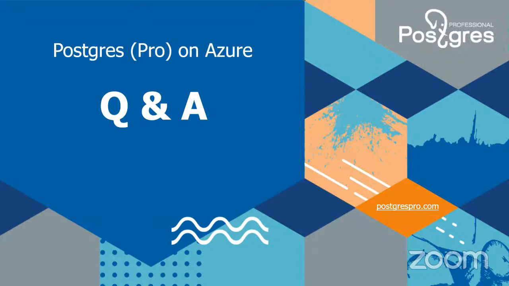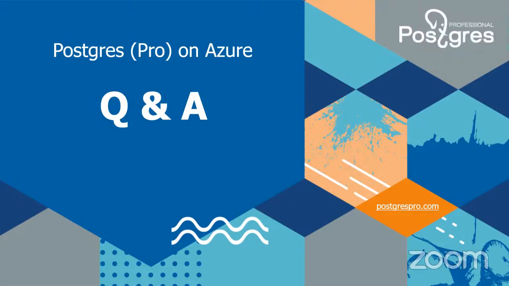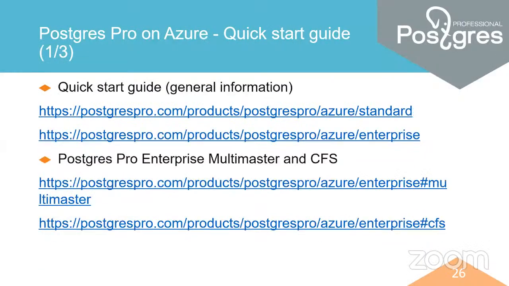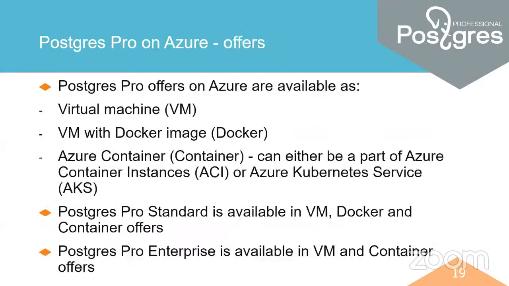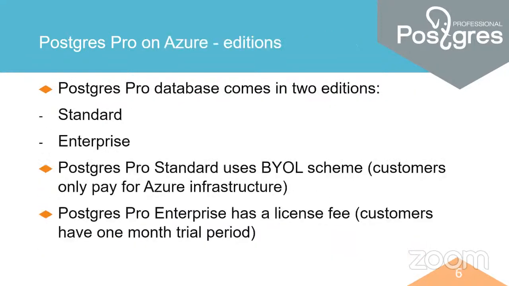The first question is about how much it costs to use the Postgres Pro database on Microsoft Azure. So can you tell us a few words about the pricing? Yeah. So as I told you before, our Postgres Pro Standard uses a bring your own license scheme.